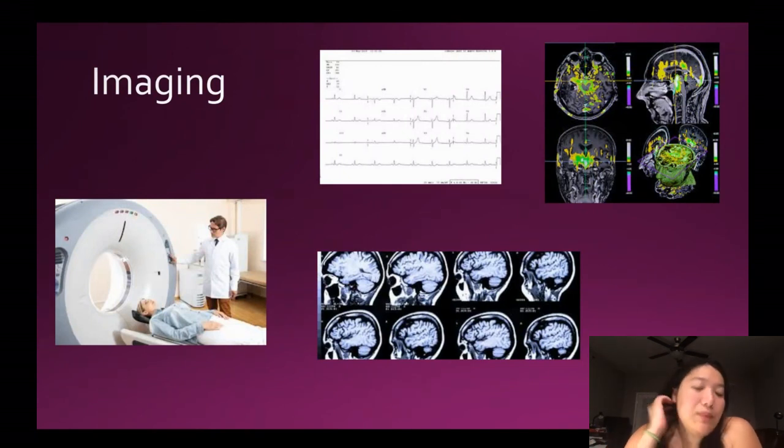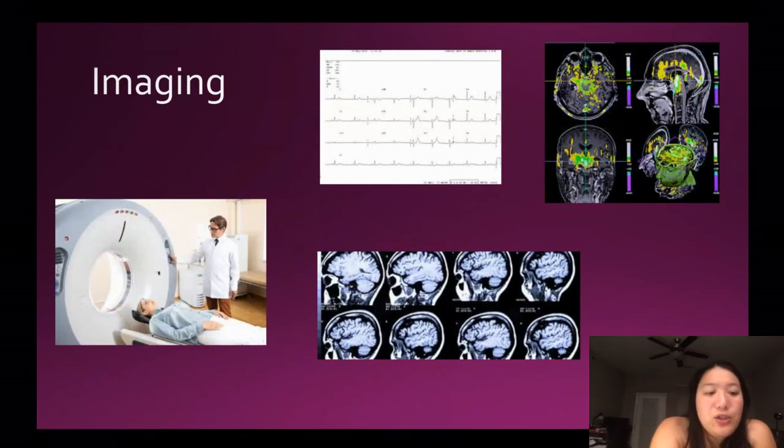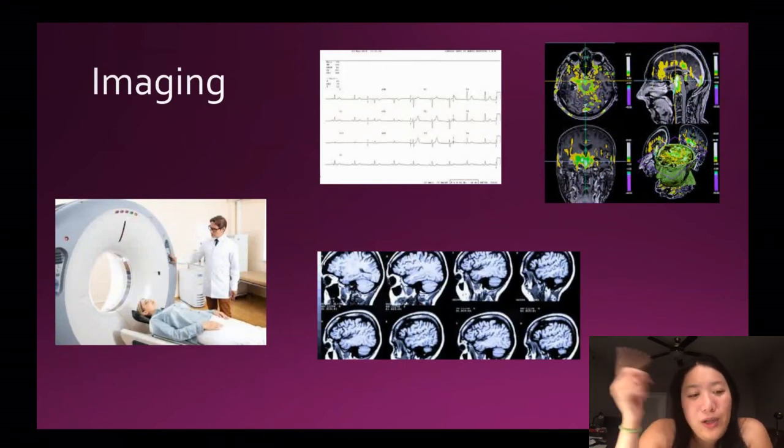There's the EKG or ECG on the top, and it's the squiggly lines that measure the heart impulses. There's also the CT scan, which you can see on the left hand side, the big donut ring, the big donut machine, I call it.